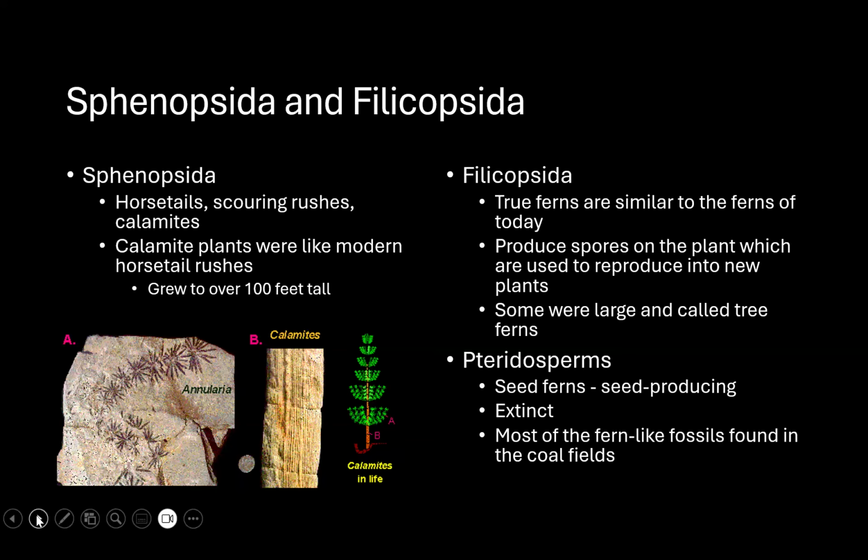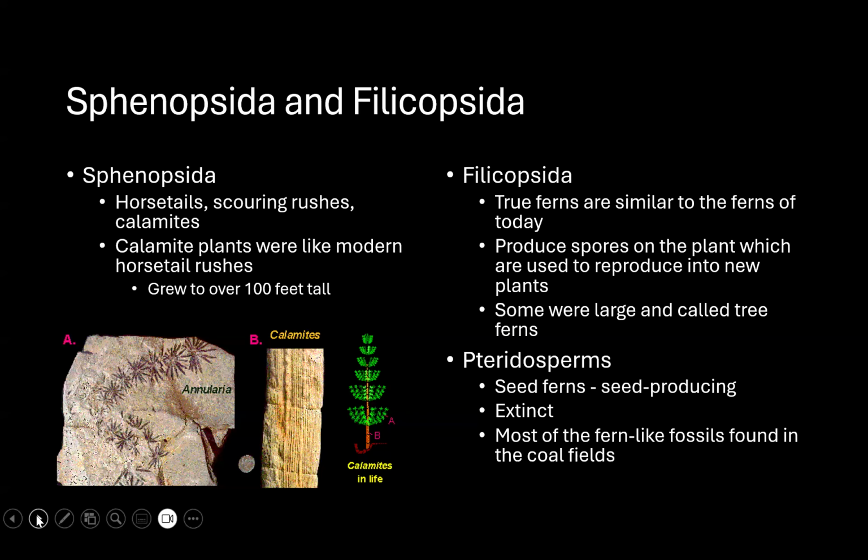The Filicopsida are one of the closest relatives to the modern day ferns. They actually produce spores, unlike the seed ferns we'll talk about. These spores help reproduce and form new plants, because our modern day ferns have a very interesting life cycle between the gametophyte stage and the sporophyte stage.